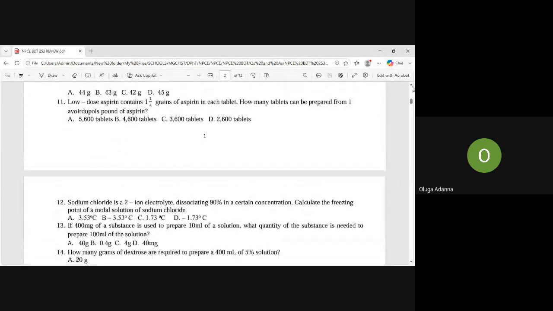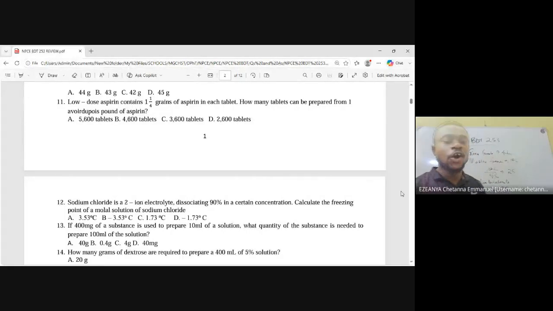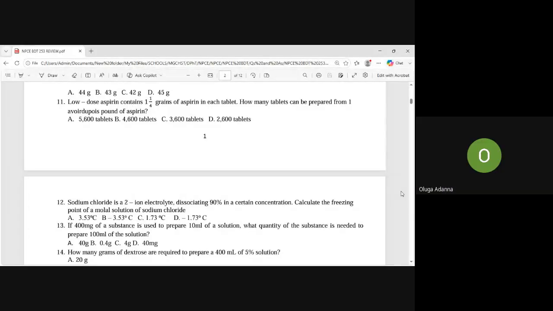Low dose aspirin contains 1 1/4 grains of aspirin in each tablet.